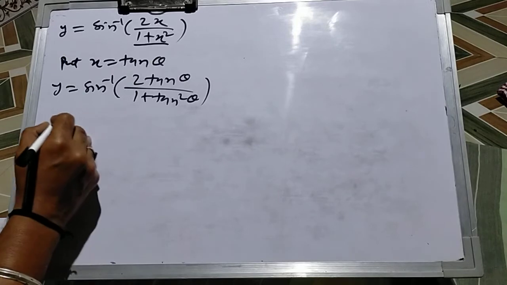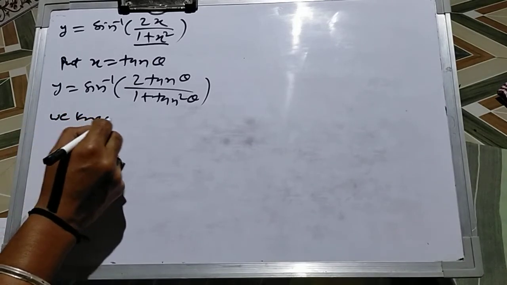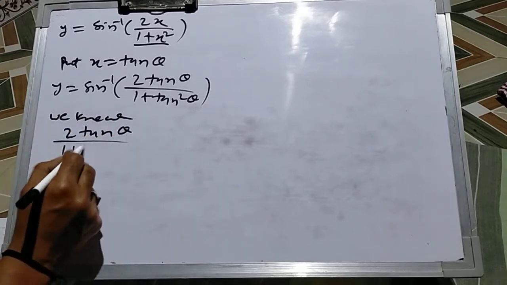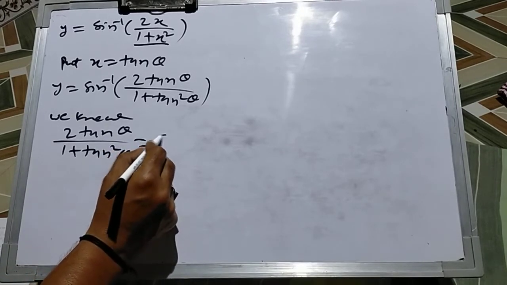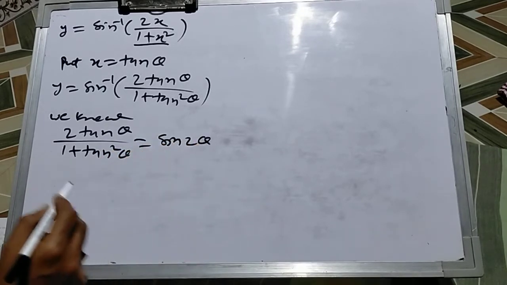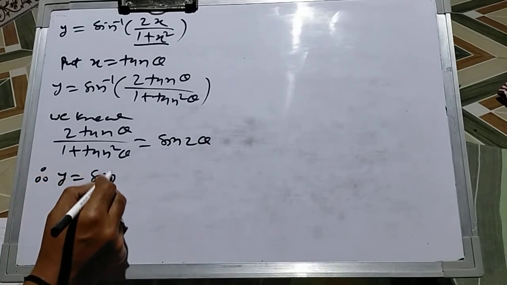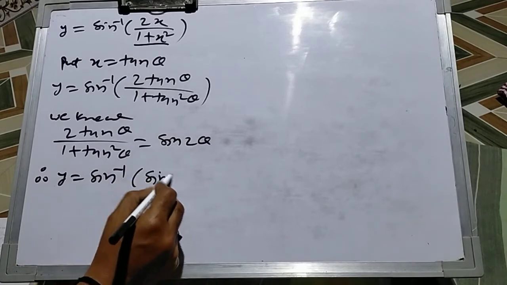Here we know 2 tan theta divided by 1 plus tan square theta is equal to sin 2 theta, and therefore y is equal to sin inverse of sin 2 theta.